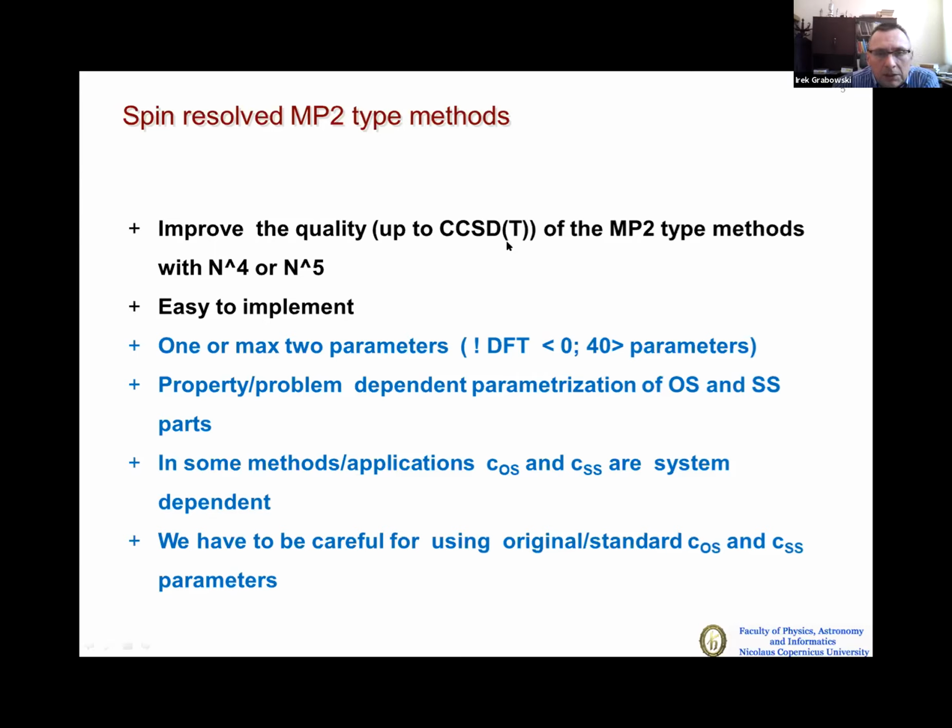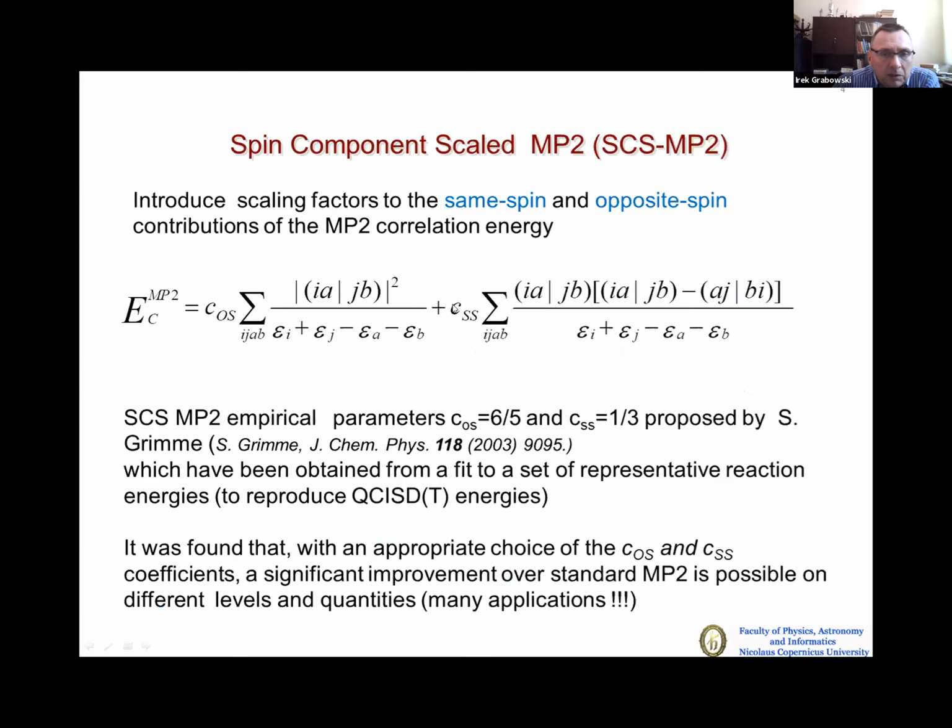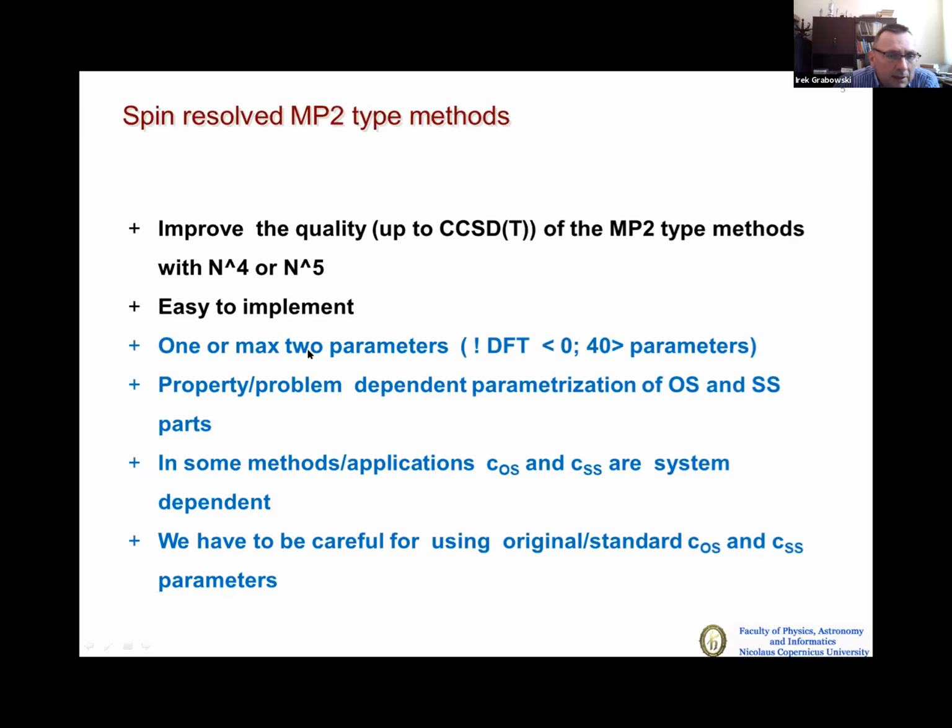As you know, CCSD(T) scales like n to the 7th. And it's very easy to implement because it's usually just the MP2 expression or approximation, and it contains one or a maximum of 2 parameters: the opposite-spin and same-spin coefficients.